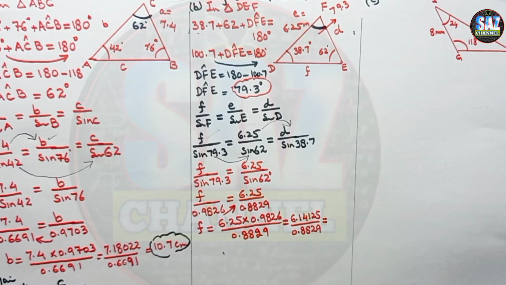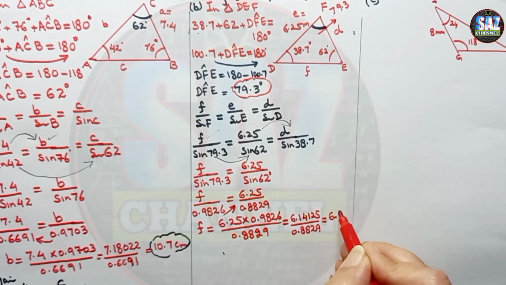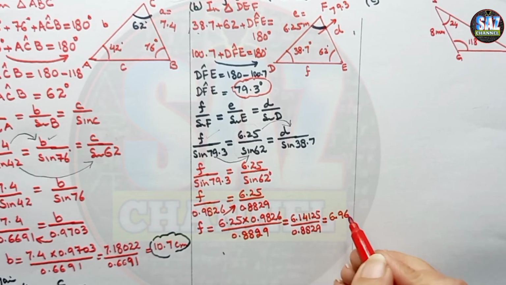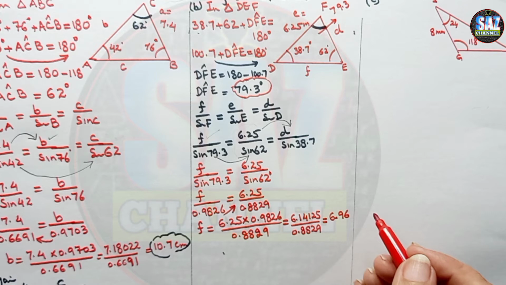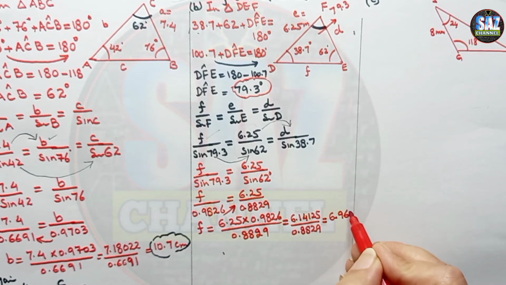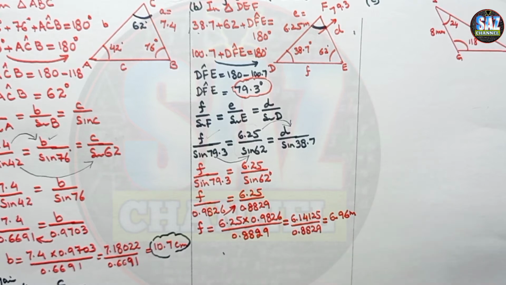Now I have to divide it by 0.8829, and the answer is 6.955, which is 6.96. The lengths in the second part are in meters, so I will mark meter here. And I hope you are clear about this working.